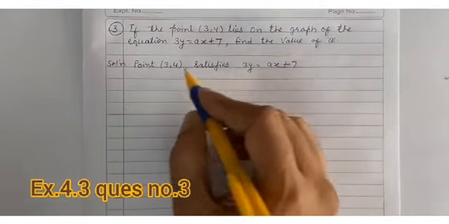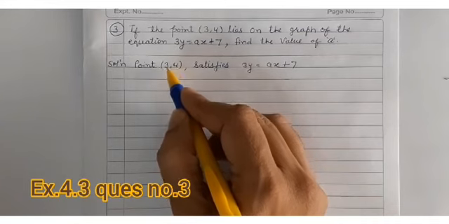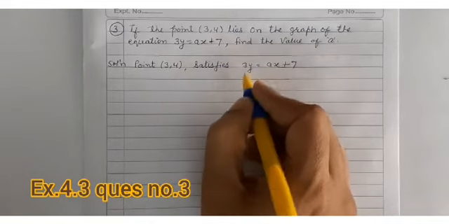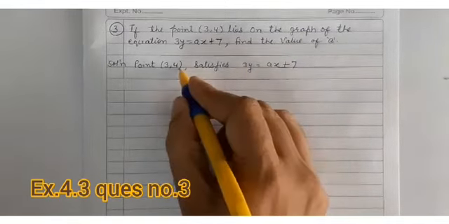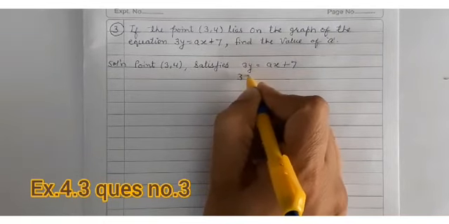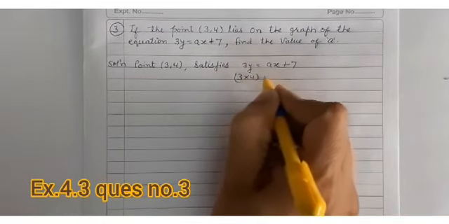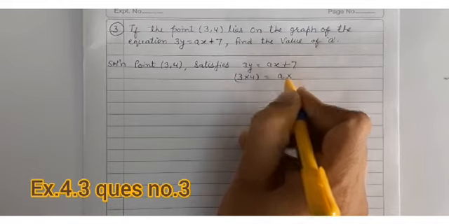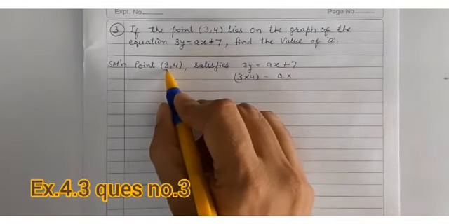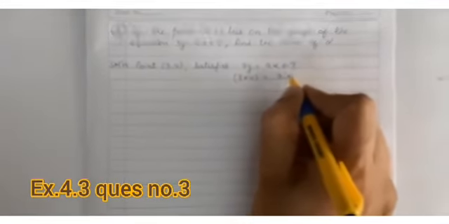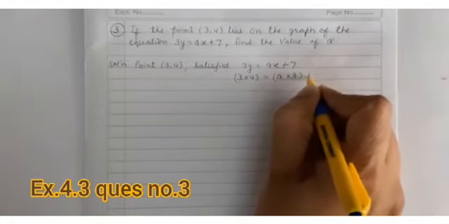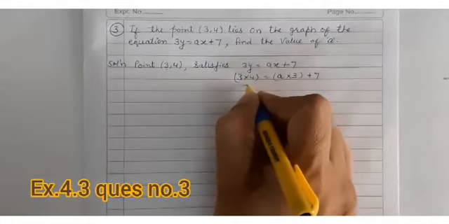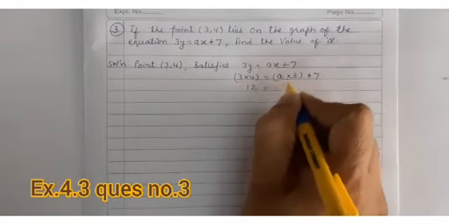Okay, now this is the x value, this is the y coordinate. So in place of y I am putting 4. So 3 into 4, a as it is. X is 3, so this is 3a plus 7. 3 4s are 12.